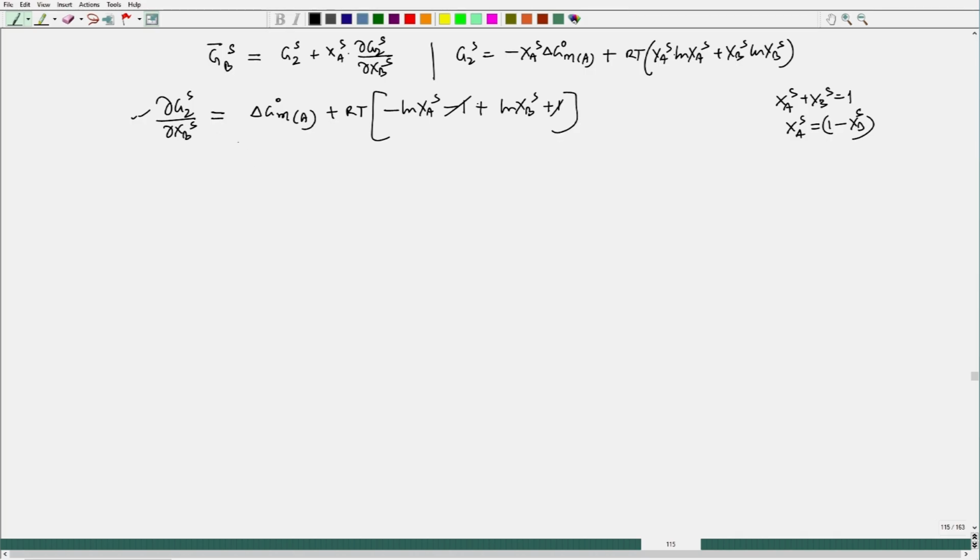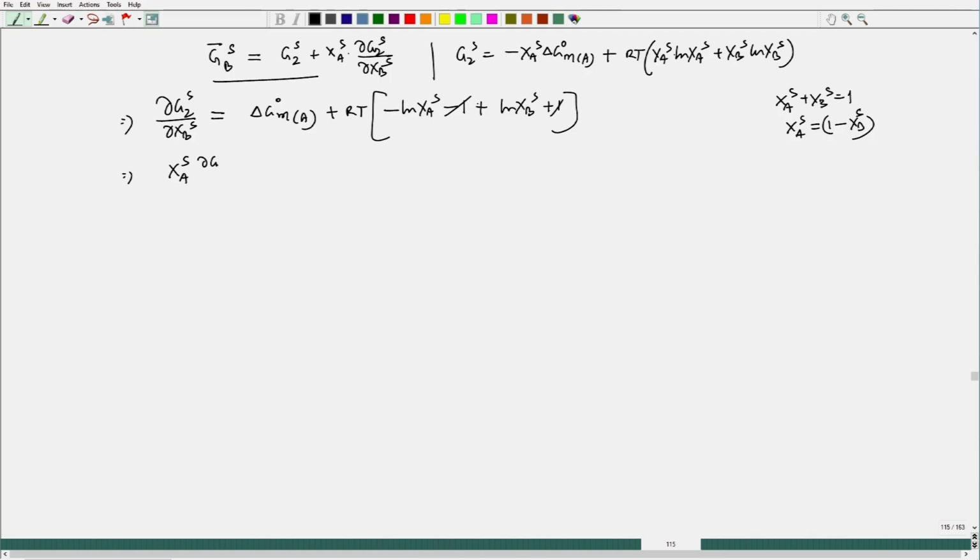Then we will multiply with XB solid, because we have to find this.